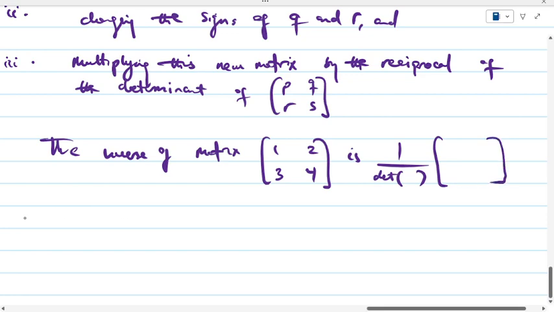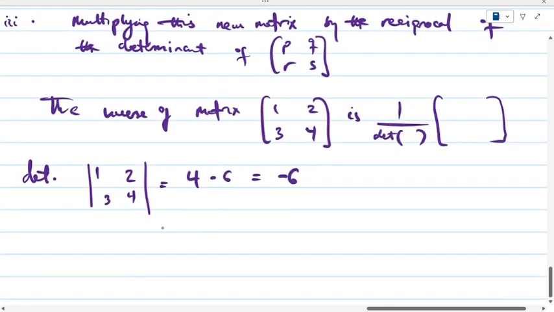So let's first of all find the determinant. One, two, three, four. You can check our previous lesson on how to find the determinant of a 2 by 2 matrix. It is minus 6. So we have 1 over minus 6.